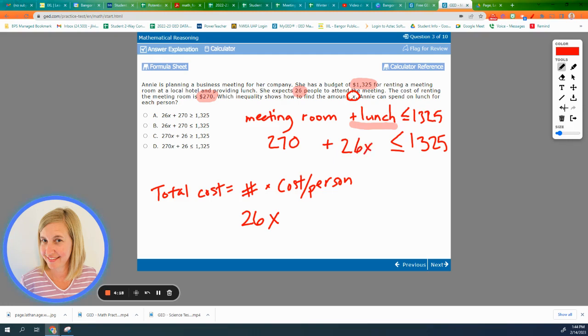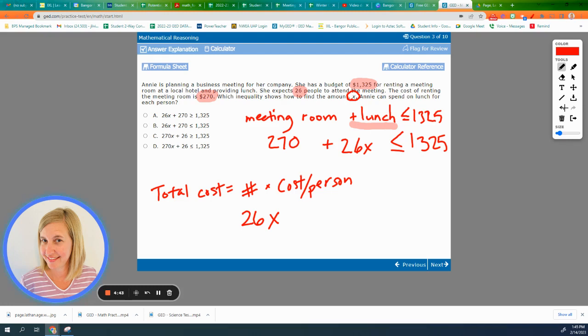So here I've got my equation, $270 for the meeting room plus 26 times X, which is the cost of lunch. There's 26 people. It costs X dollars per person. So 26 times X is the cost of the lunch itself. And those two things added together must total less than or equal to my maximum budget.